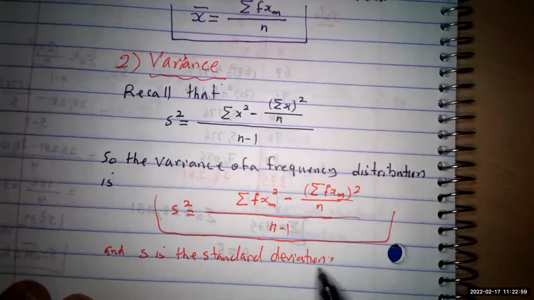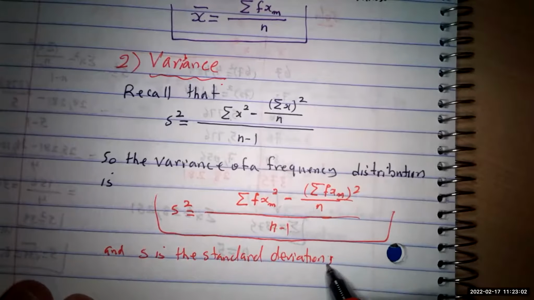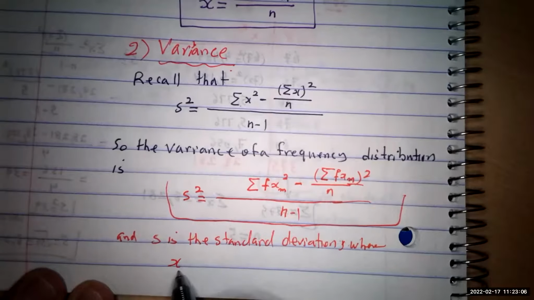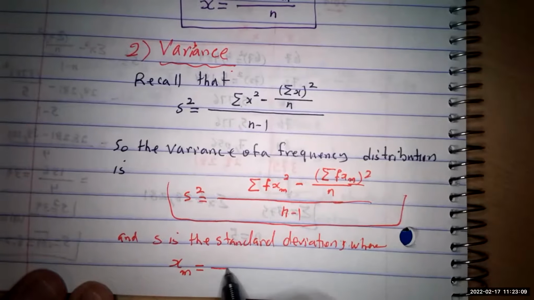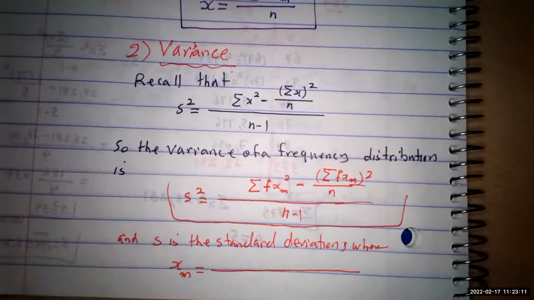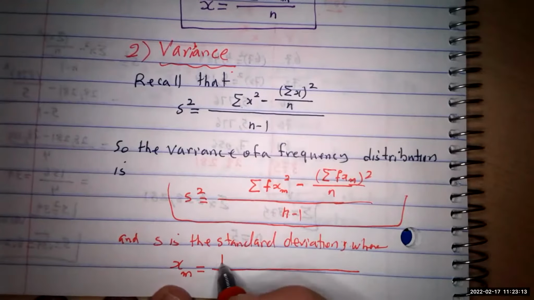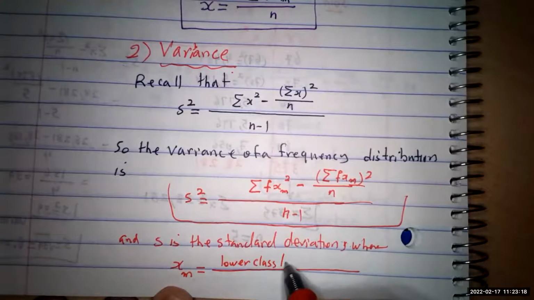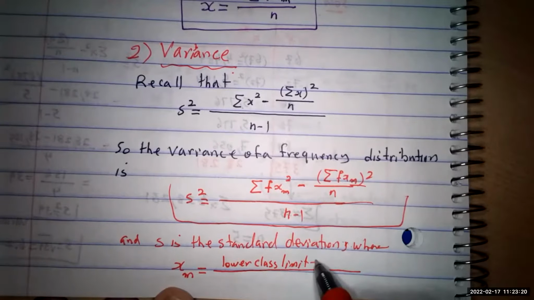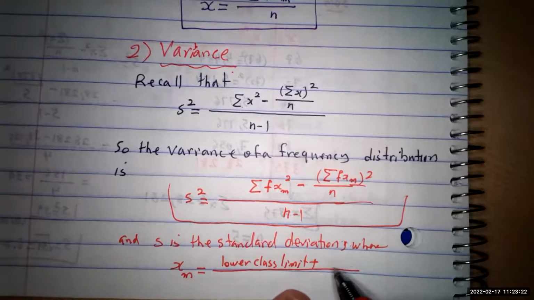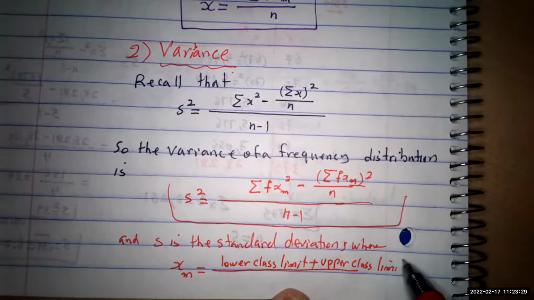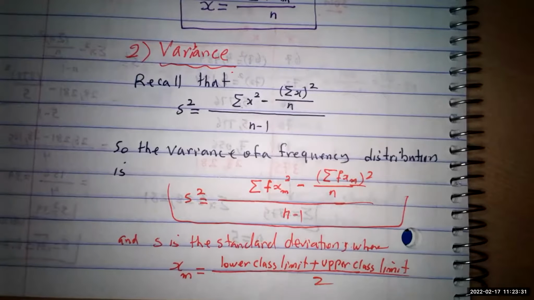Okay, standard deviation. Again, I just remind you of the midpoint. The midpoint was what? Remember? The average of the lower class limit plus the upper class limit, divided by 2.